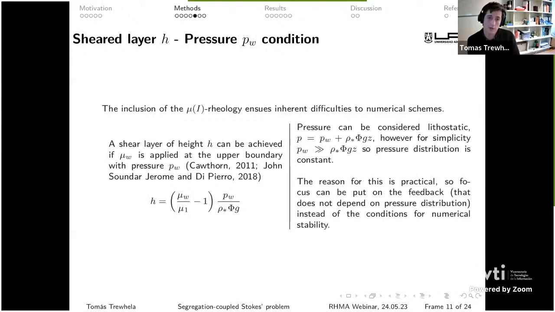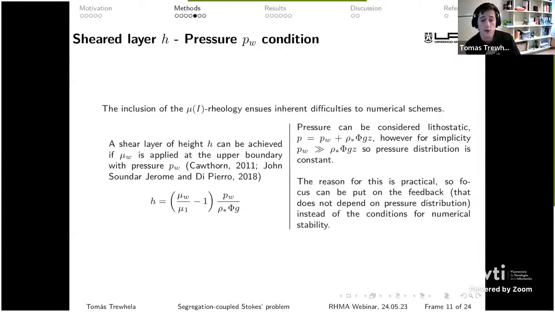Now, to provide a little bit of closure to the framework of the Stokes problem, I want to specify that the height of the shear layer will be defined by the pressure as well, and the applied frictional coefficient at the upper plate. And why this? Because, as I said, the mu of I rheology is a very complicated relationship to use in numerical simulations and solutions in general, and transfers a lot of numerical problems towards the schemes.